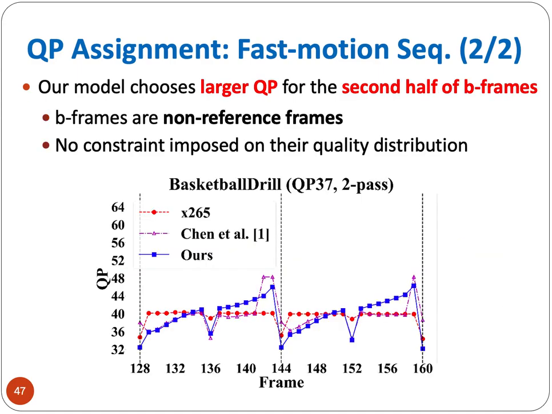One of the interesting observations is that our model tends to choose larger QP for the second half of the small b frames. Since we do not impose any constraint on their quality distribution, and the small b frames are non-reference frames, this unbalanced b frames behavior turned out to be the solution that the model learned.